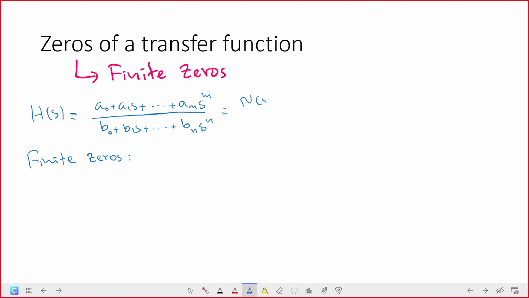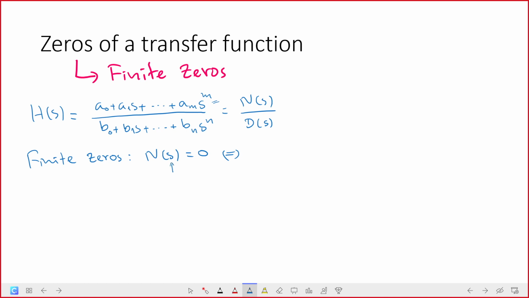This is called the numerator, and this one is called the denominator. Because it has degree m and s can be a complex number, to solve this polynomial equal to zero, you have m roots.